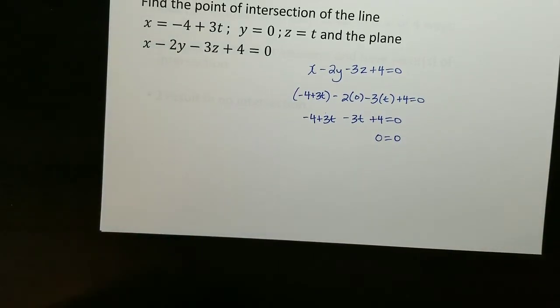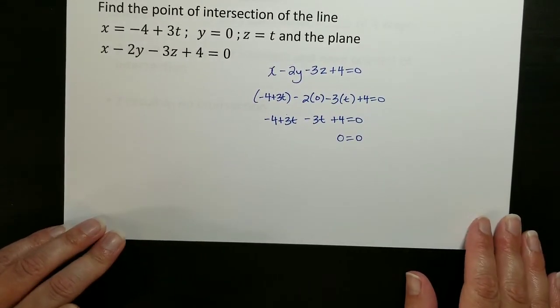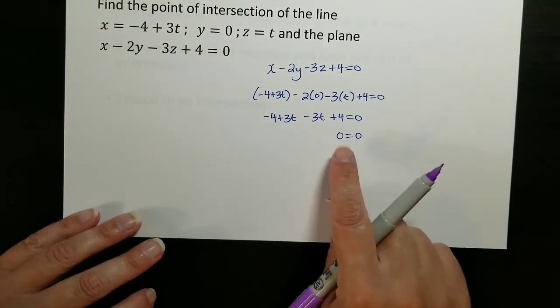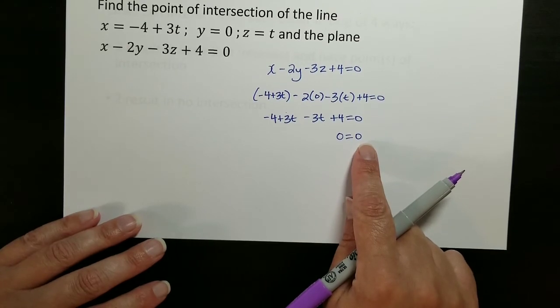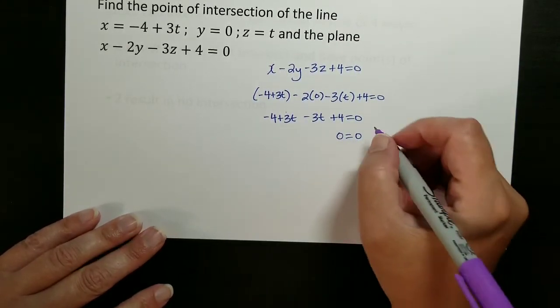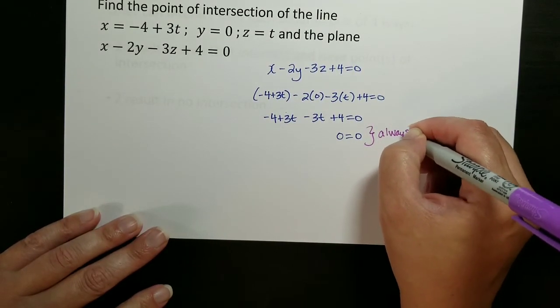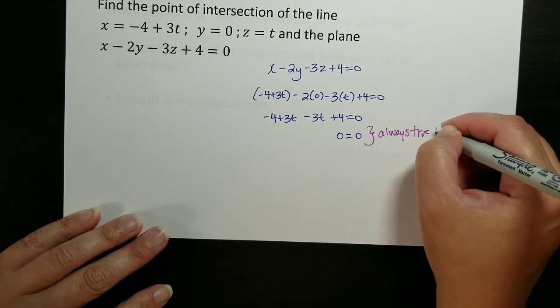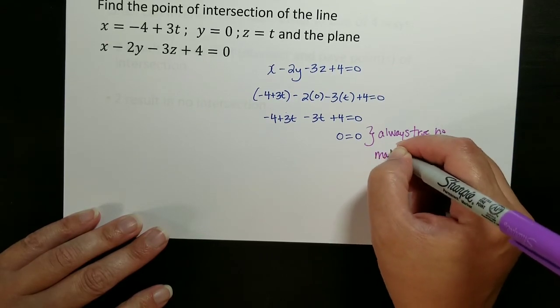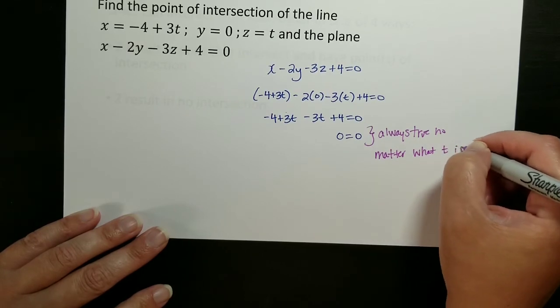Now remember, in the last one we got -8 equals 0, which is never true, so there's no solutions. But 0 equals 0, that's always true. It doesn't matter what t is, this is always true, no matter what t is.